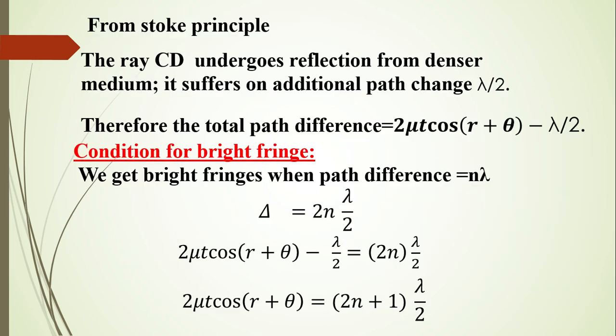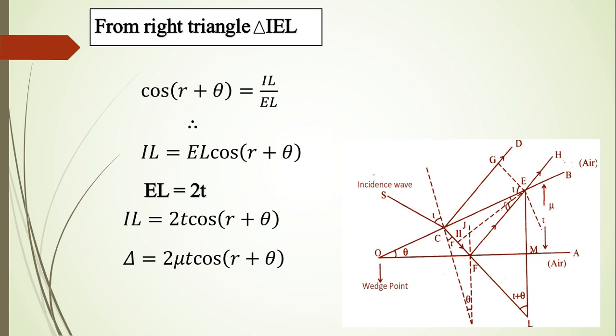From Stokes' principle, additional path difference is produced for ray CD, because the film is a denser medium and the bottom is air. When the light ray is reflected from a denser surface, it produces a path difference of lambda by 2 and a phase difference of pi. That is called Stokes' principle.